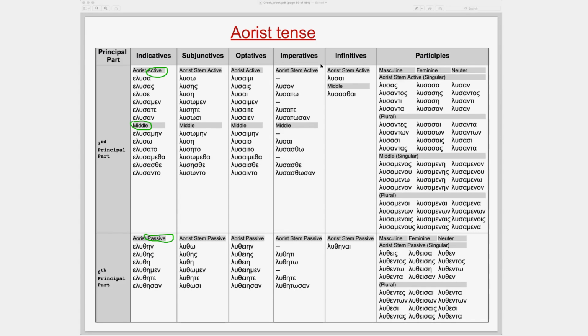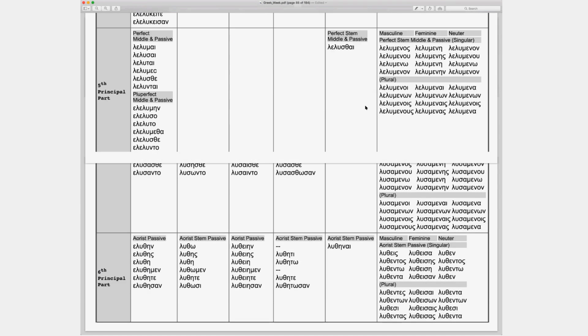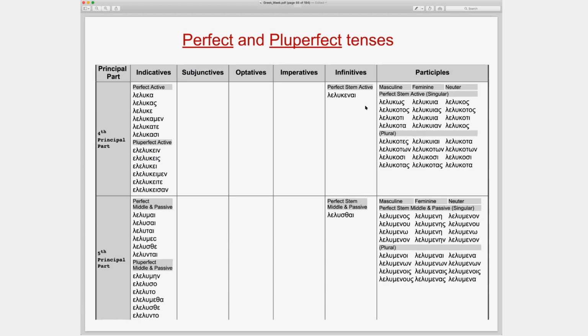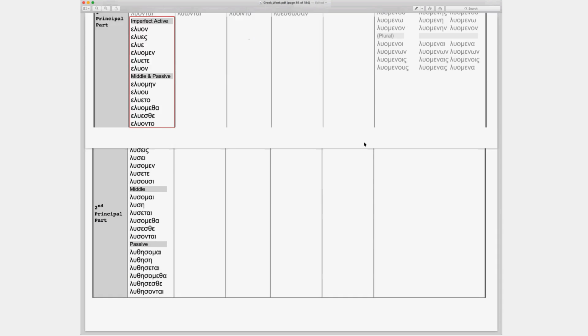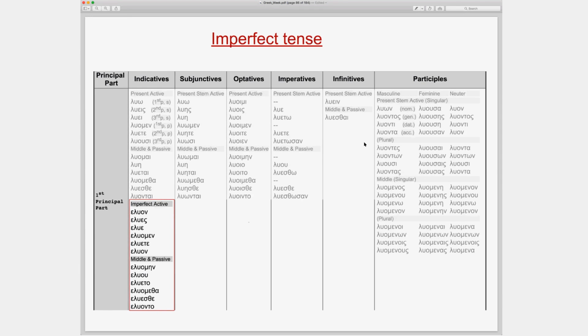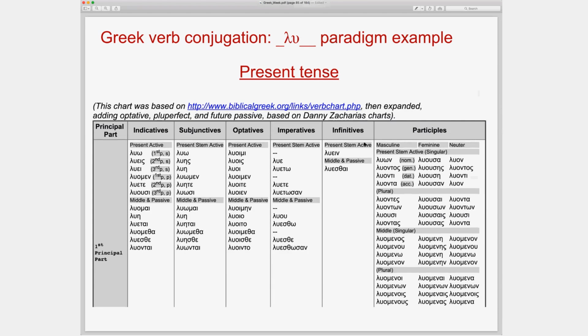Okay? And whereas in the others, you have only some. This is the most used tense, and you have no subjunctives, no optatives, no imperatives. Of course, that wouldn't make sense. Anyway, then you've got the future tense, and then notice the imperfect tense and the present tense.